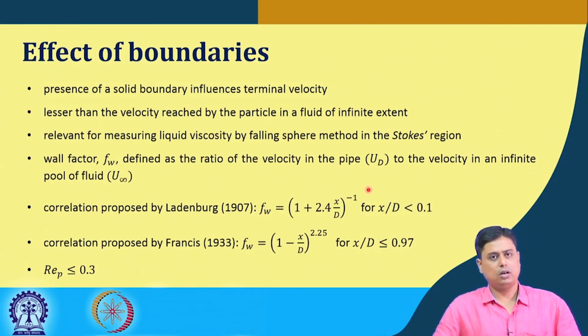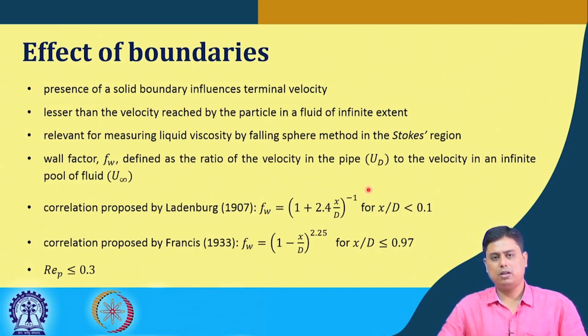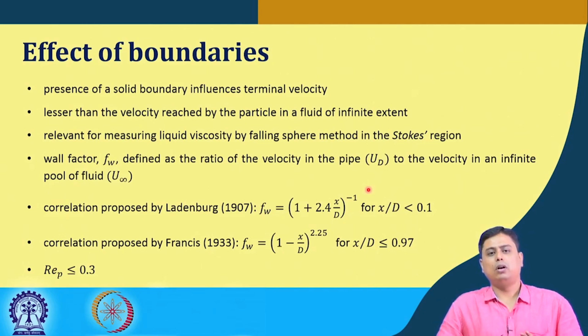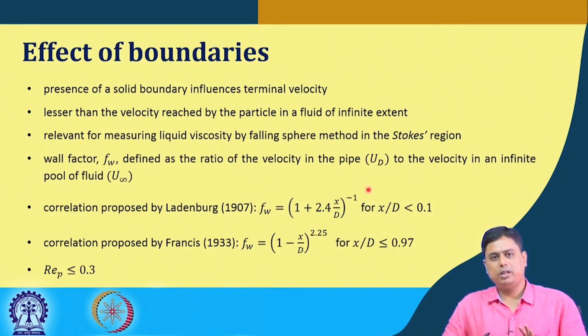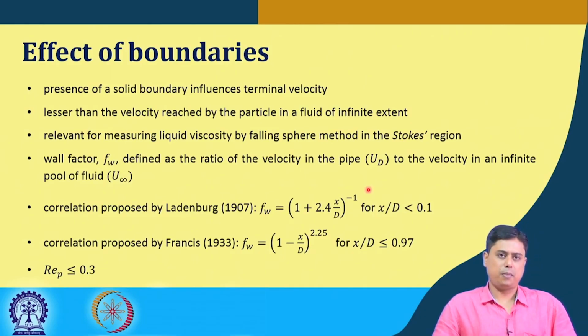So the presence of a solid boundary influences terminal velocity, and the flow velocity inside such a condition is lesser than the velocity reached by a particle in the absence of this solid boundary. This becomes particularly important for the measurement of viscosity by the falling sphere method in the Stokes law region. That usually happens in the Stokes law region.